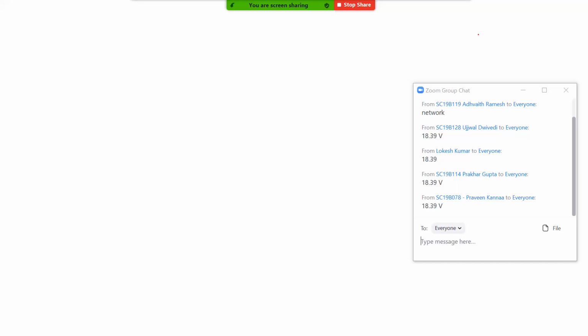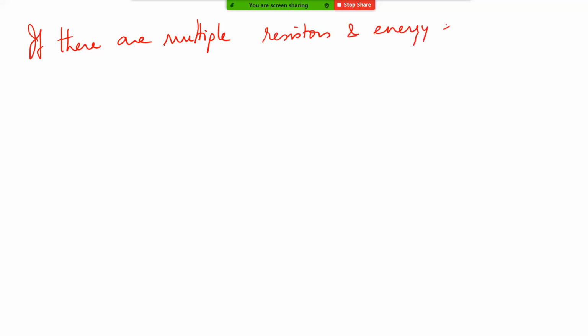Now let's say there are multiple resistors and energy storage elements. I'm just making it general. An energy storage element can be either a C or an inductor.